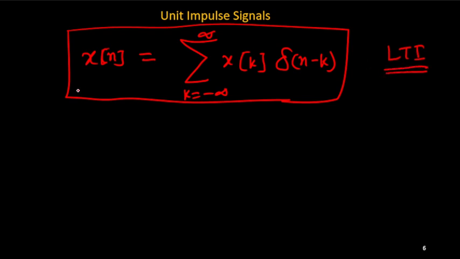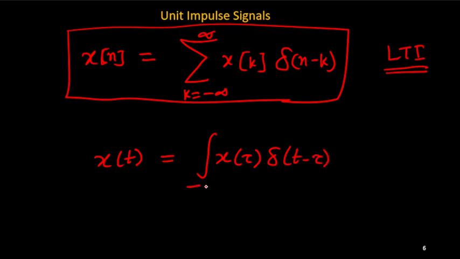A similar version of this for the continuous domain, what will you get? You will get x of t. We can write similarly x of t, where the summation is replaced by integration, and this is your x, and this k is replaced by another variable tau, so it is again delta of t minus tau, from minus infinity to plus infinity.